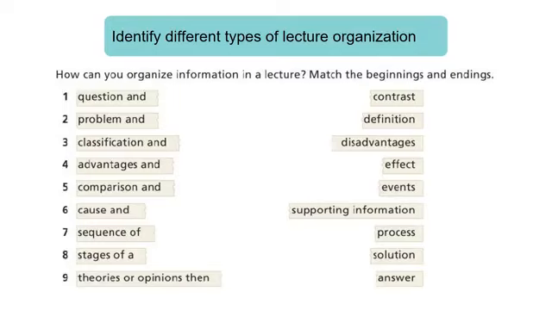We have the question and answers, problem and solution, classification and definition, advantages and disadvantages, comparison and contrast, causes and effects, sequence of events, stages of process, and we have the theories or opinion, then the supporting information.